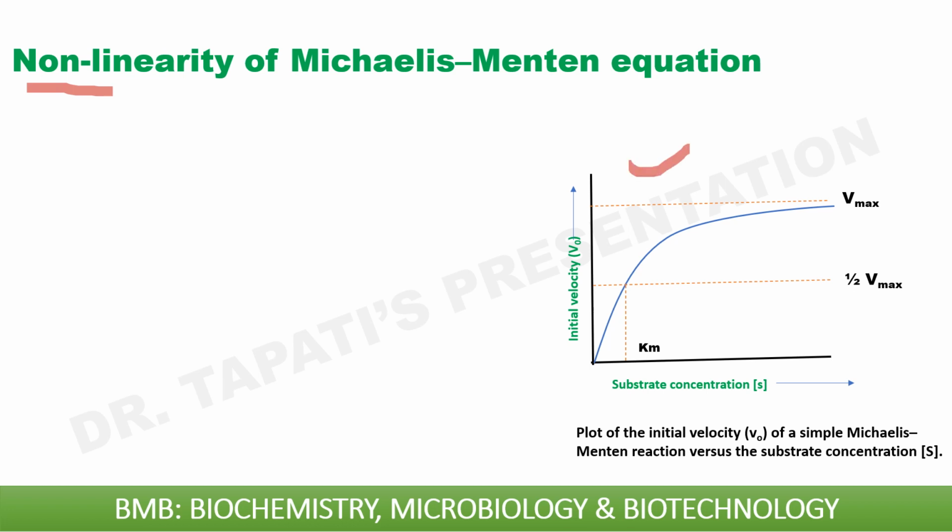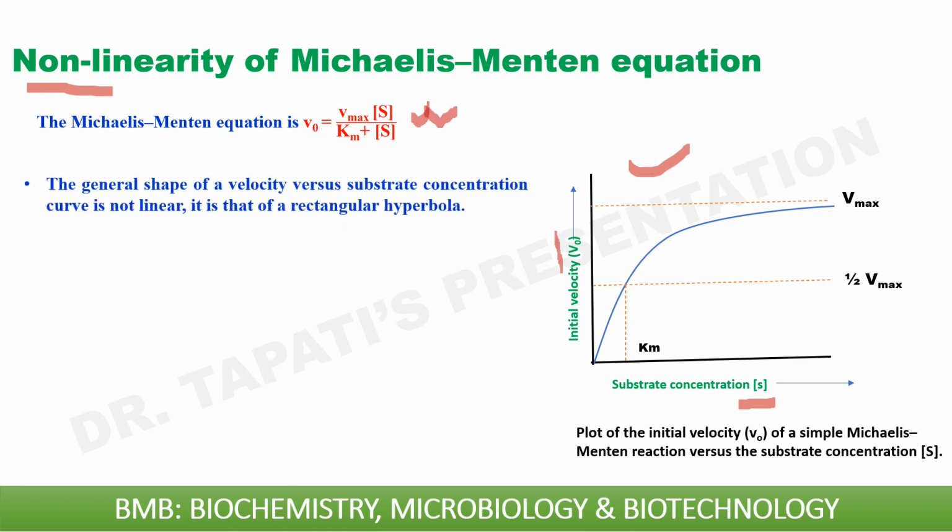This is a plot of the initial velocity versus substrate concentration of a simple Michaelis-Menten reaction, where the Michaelis-Menten equation is V0 is equal to Vmax into substrate concentration divided by Km plus substrate concentration. This is not a linear equation. We got this hyperbola curve following this equation.